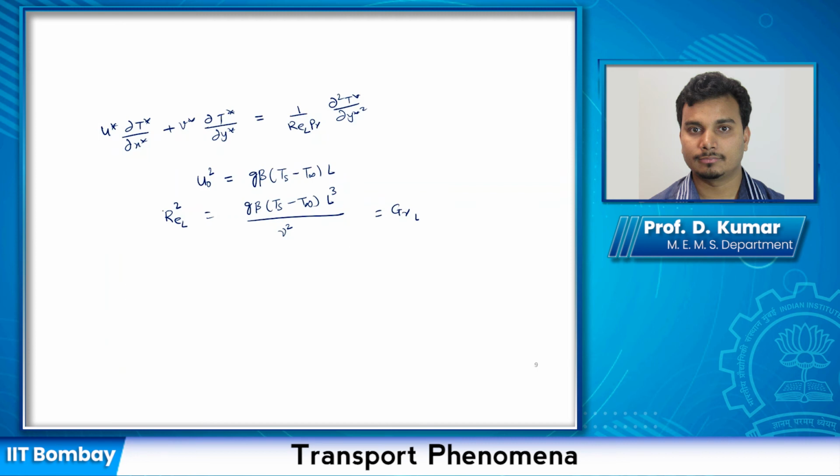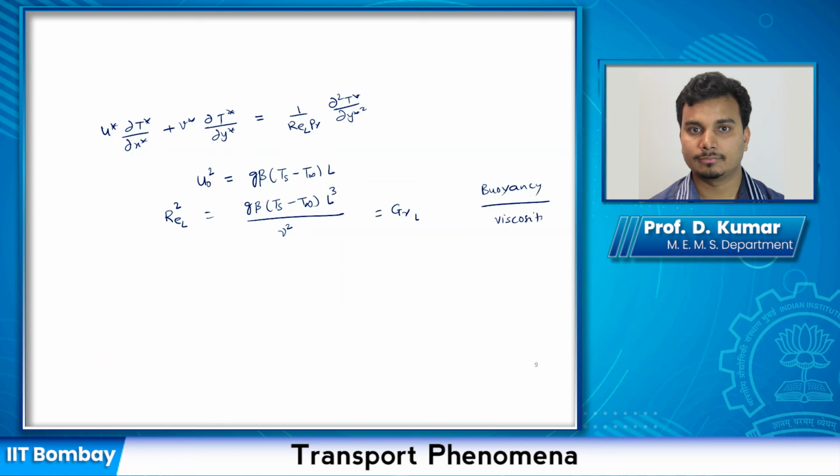If you just write in terms of Reynolds number, it will give square root, etc. So to make it easy, you define what is known as Grashof number, which is again the ratio of your buoyancy, because you have gravity and all those terms here, density and so on. This is buoyancy by viscosity.